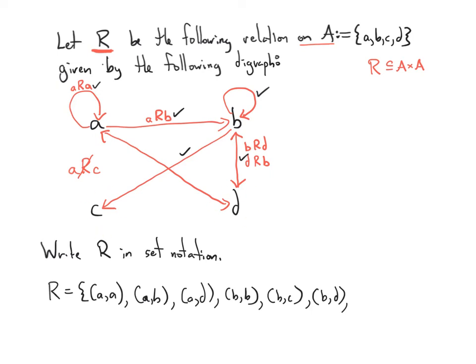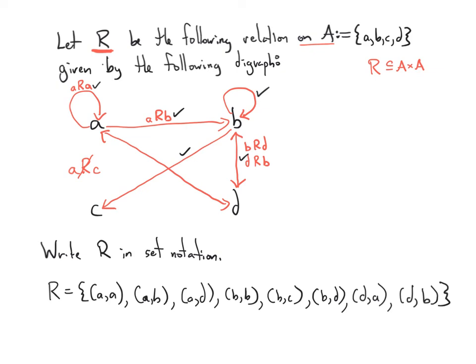So let's look at everything that starts with D. We have two arrows. We have D going to A, so D is related to A. And we have D is related to B. Okay, so this is our set R here.